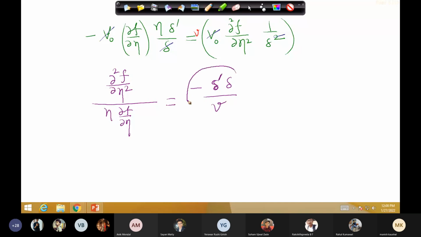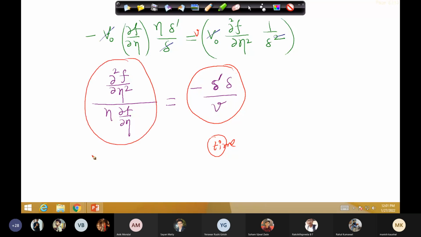So up to this point, I have just rearranged it, nothing. I have taken the whole problem into the eta and f domain, and then I got this eventually. So this is only a function of what? Anyone? Bhavna? Time. So this is only a function of time, the time domain. And this is a function of both time and space.